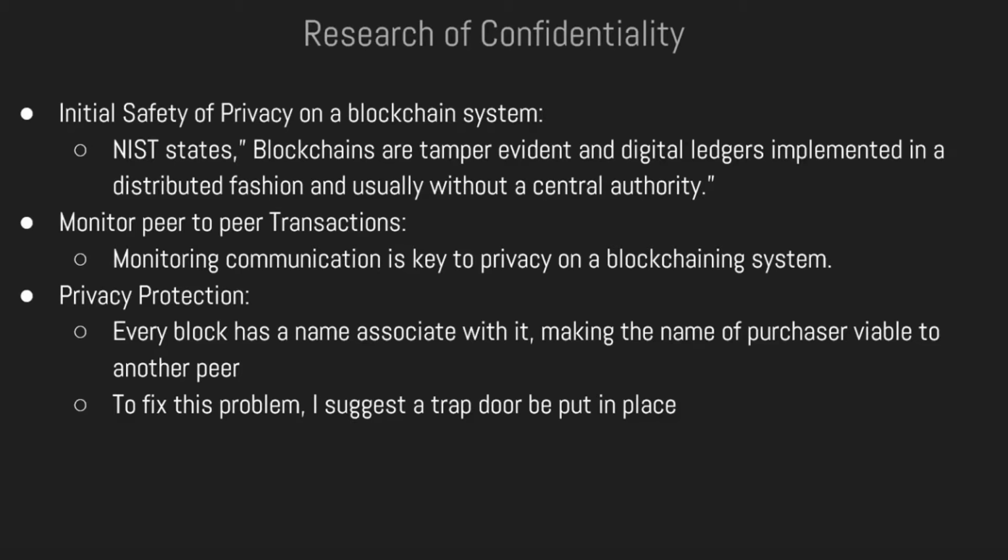Monitoring communications on nodes is key to finding errors on the system, which would lead us to privacy protection. A technique explained above, using nodes to monitor peer-to-peer transactions, can be used to track all individuals and break confidentiality. Thus, it is important to establish who you are working with and if they are who they say they are. I would recommend using a trapdoor to establish if the person is using the right node and if they are who they say they are.